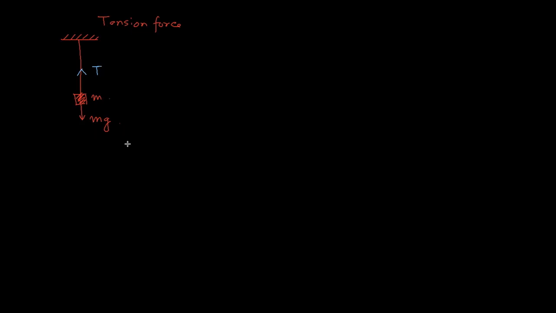And the tension force, keep one thing in your mind, is always away from the mass. This is the point of the force. At that point all the forces act. So tension force always acts away from the point of the force.